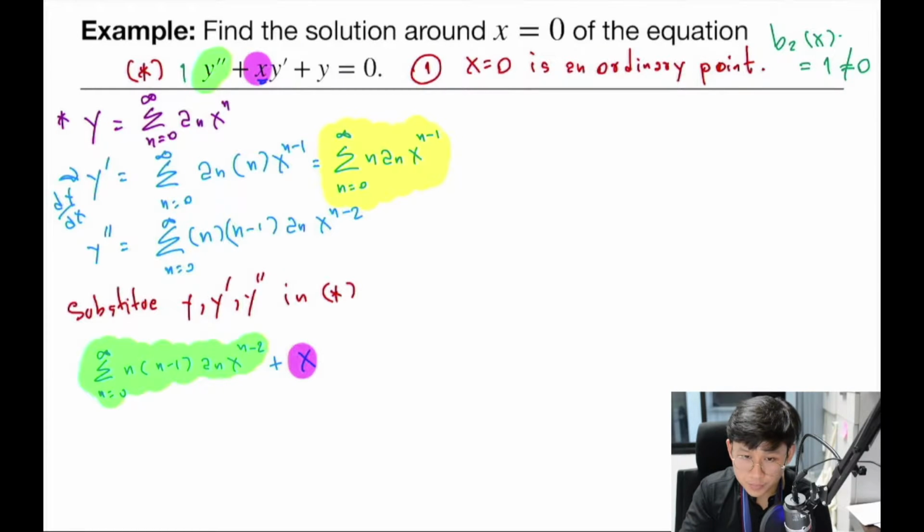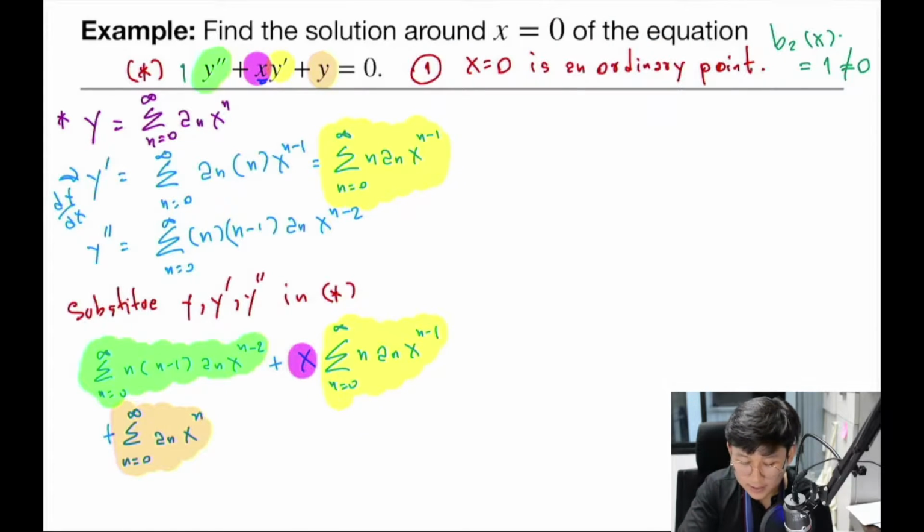Y prime would be the summation of n a_n x to the n minus 1. Let me use the yellow here. And then you need to add y, which is the summation of a_n x to the n. That is nothing but y. And the sum of these equals 0. Good.